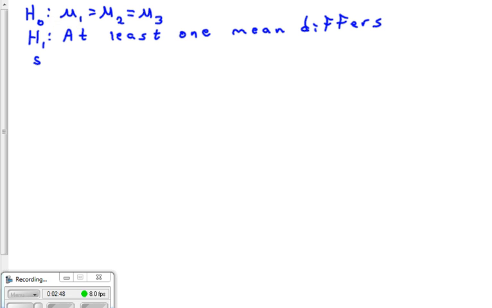We have a significance level. That was alpha equal 0.04, 4% significance level.